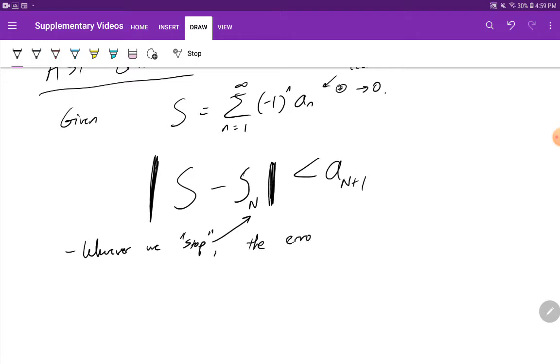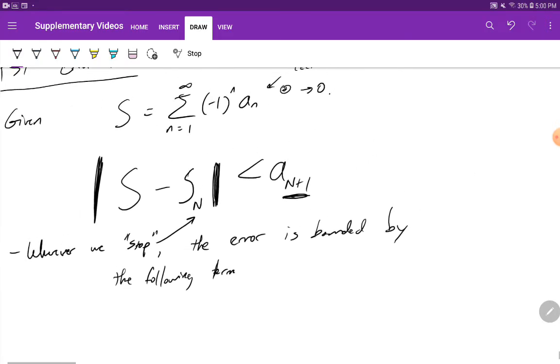The error is bounded by the following term, hence n plus 1. That's all they're saying. If you stop somewhere, then the next term is like a roof for how much you're off by. It gives you a ballpark for where the actual sum is going to live. I hope that makes sense.